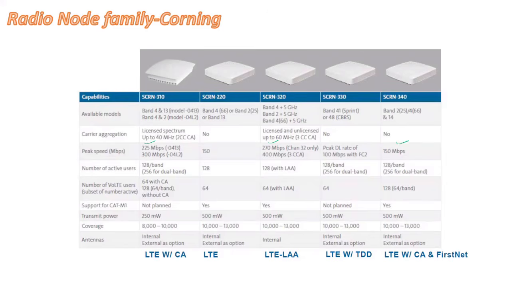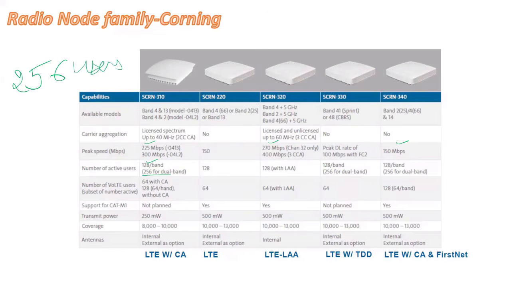The maximum number of active users supported is 128 per band in case of 310. So the maximum active users one small cell can support is 256, right? You should remember that in case of Corning, the maximum users one small cell can support is 256 users, so one radio is equal to 256 users. In addition to that, what's the coverage?